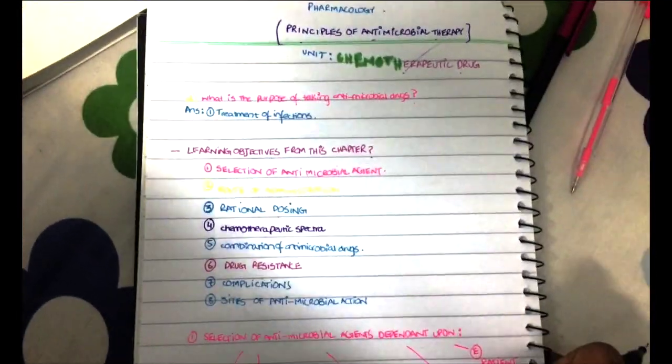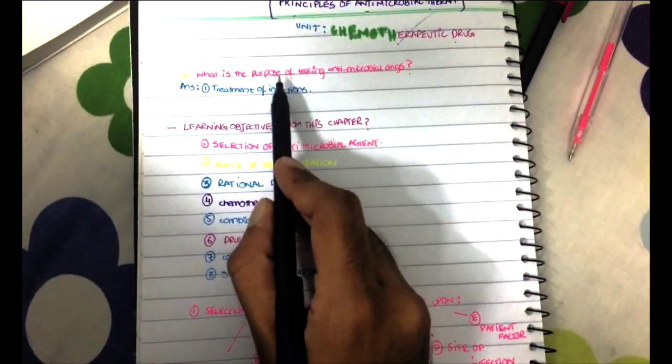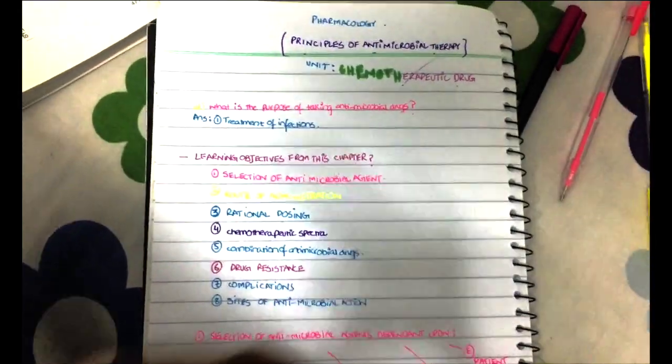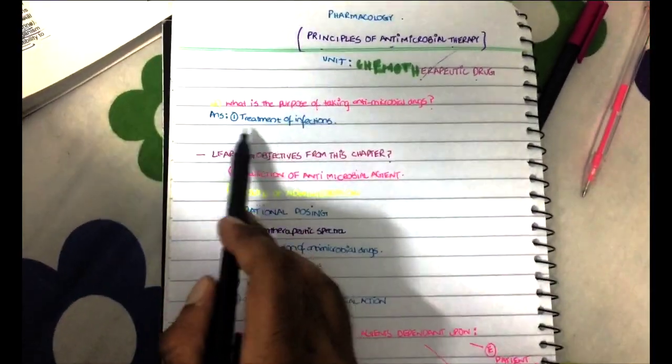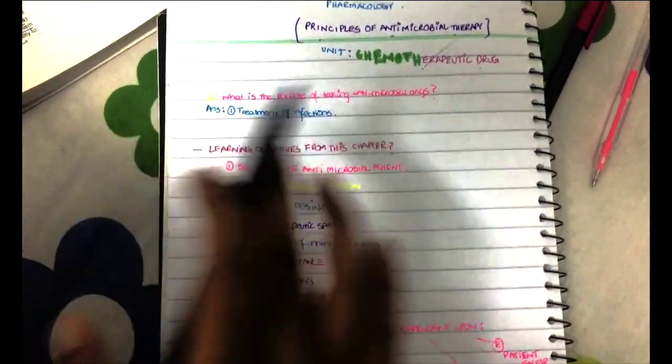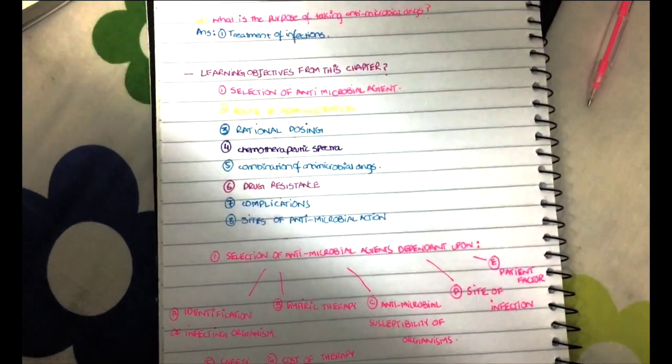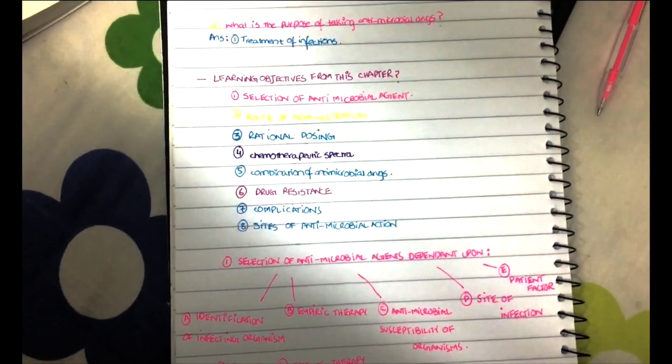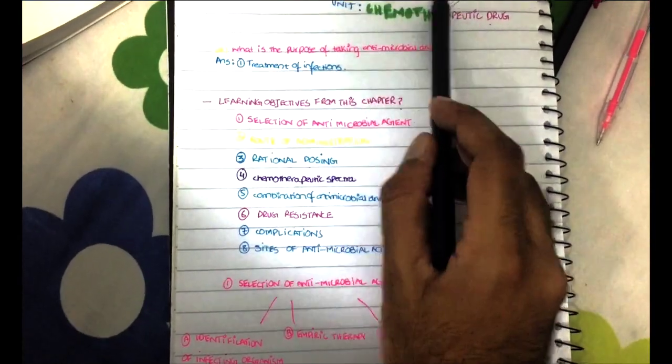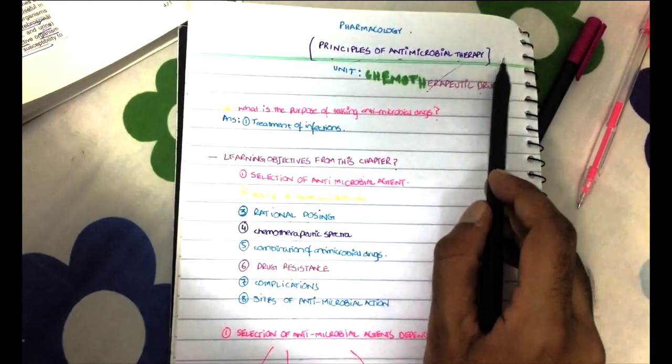What is the purpose of taking antimicrobial drugs? Simple. Treatment of infections. Learn what are the learning objectives from this chapter, Principles of Antimicrobial Therapy.